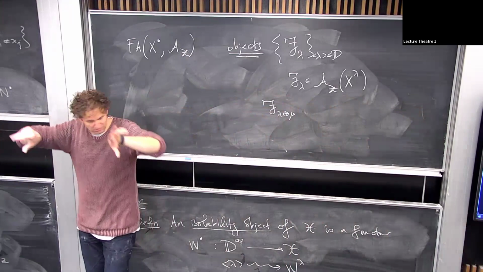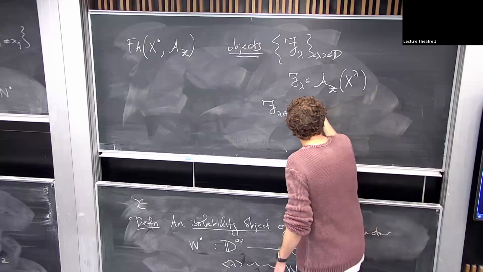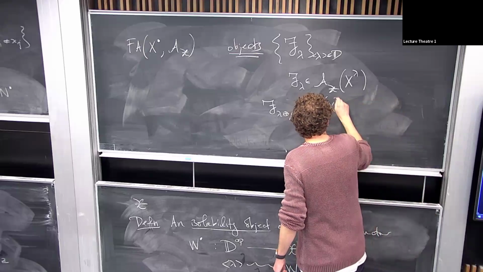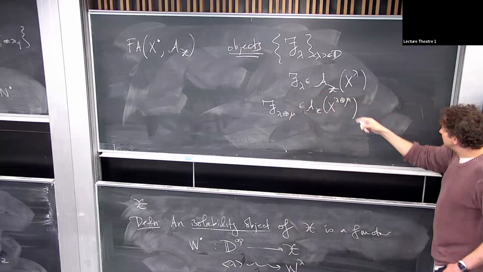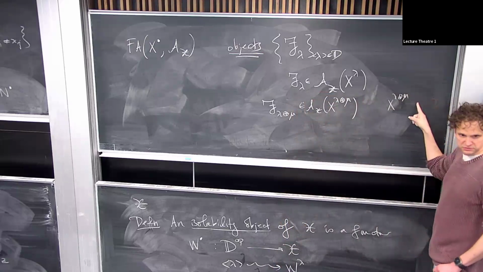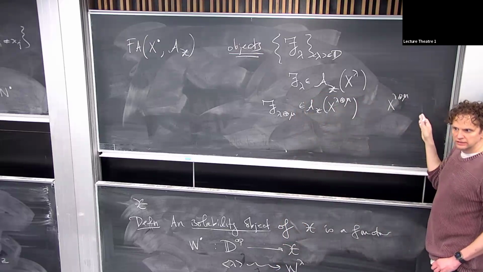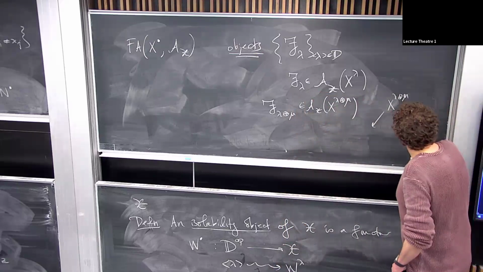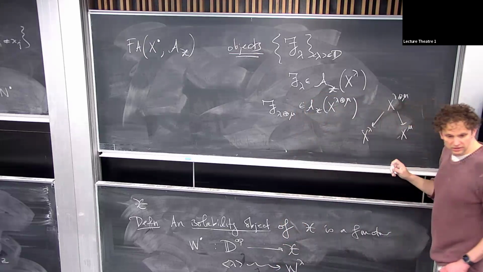So this is an object of AX, X lambda plus mu. And this X lambda plus mu is not the product of X lambda and X mu. It's like the complement of a diagonal inside that product, morally. But in any case, it does project down to X lambda and X mu.